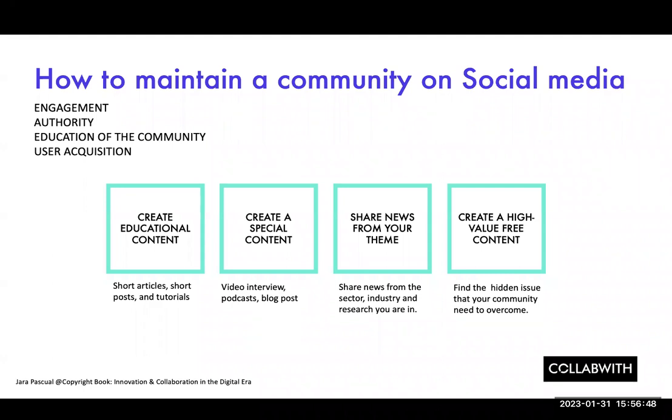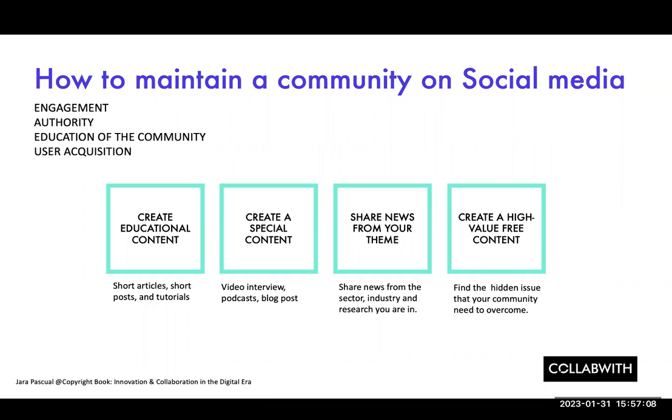Another is to create special content. For instance, once per week you do a video interview, or a podcast, or a huge long editorial blog post reviewing McKinsey reports, something very special, where you are unique.